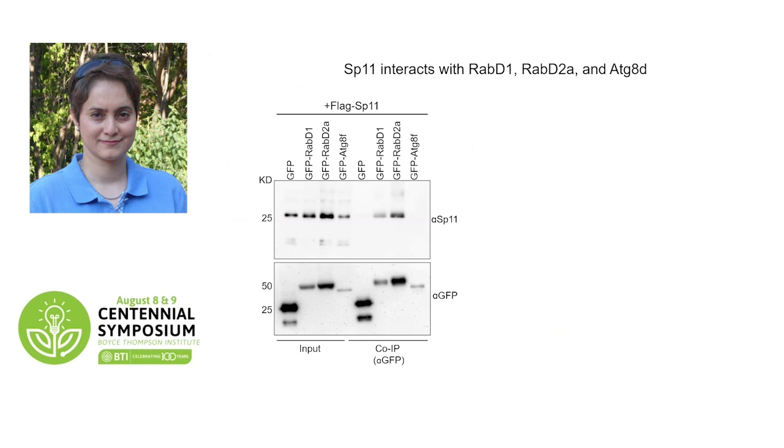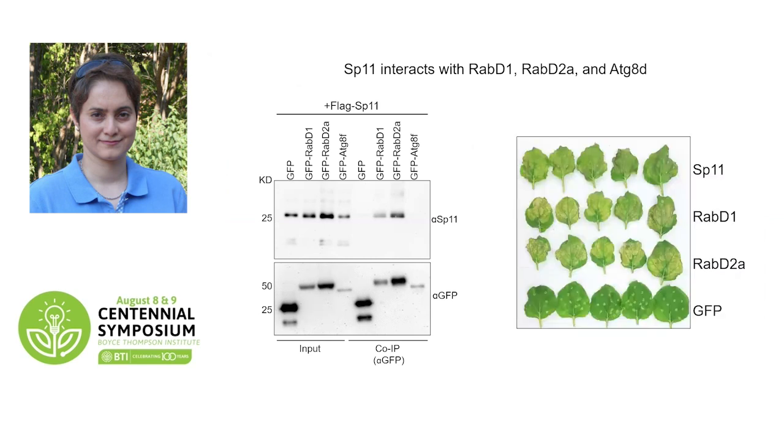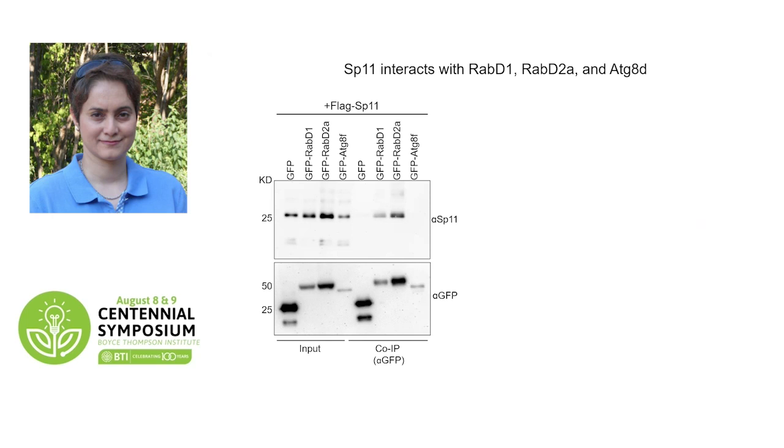When I co-expressed with SP11-HA or FLAG, I could pull down the two RABs and not with free GFP. And when I overexpressed RABs alone in Nicotiana benthamiana, the symptom was similar to SP11, indicating that they most likely are in the same pathway.